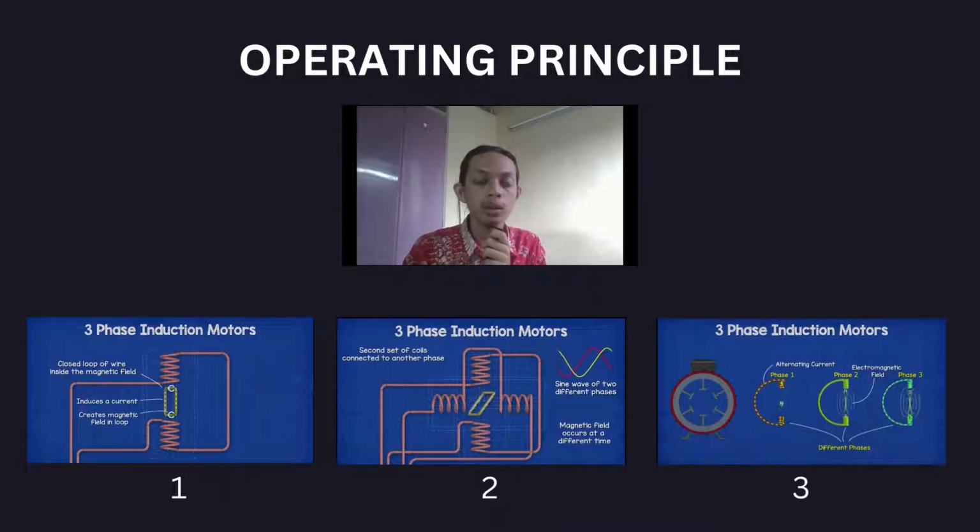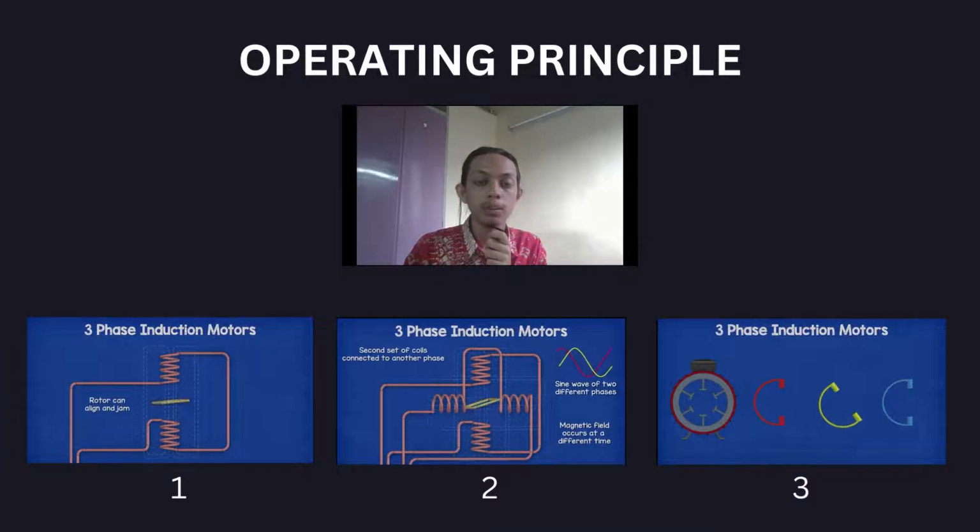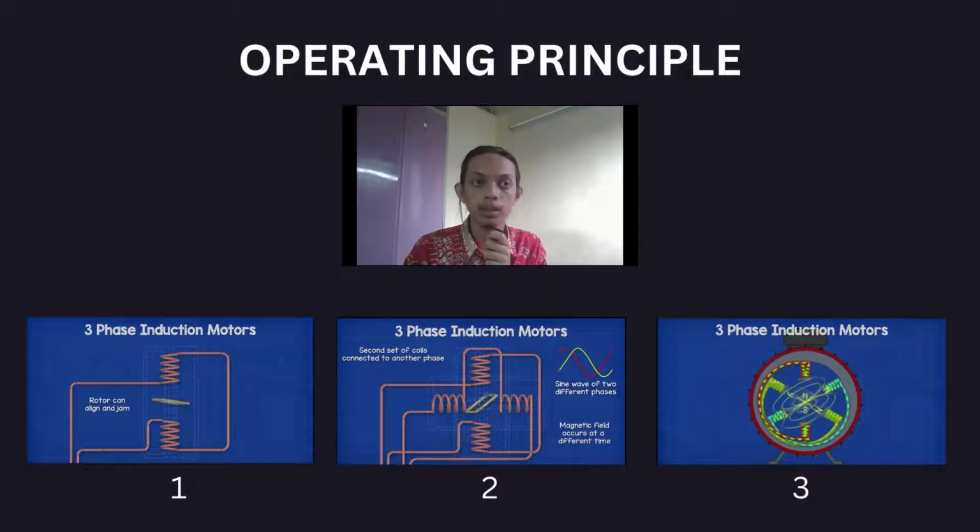The closed loop wire and the coil will have their own magnetic fields. As we understood before, if the wire's magnetic field is in between a permanent magnetic field, it will experience a force, whether going upward or downward.